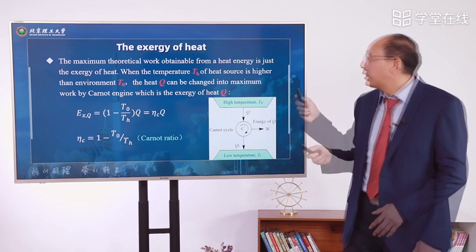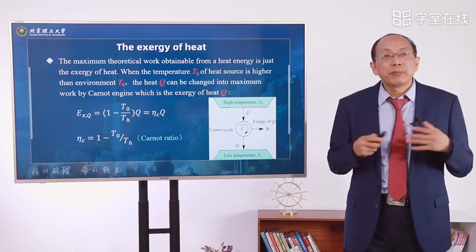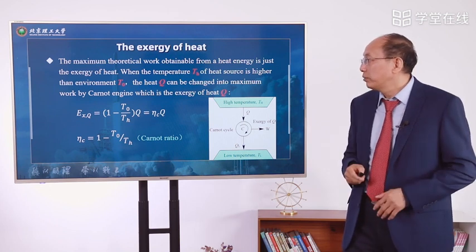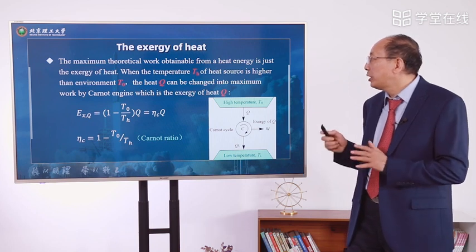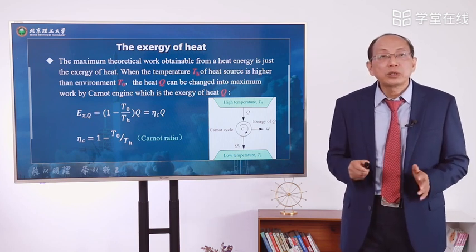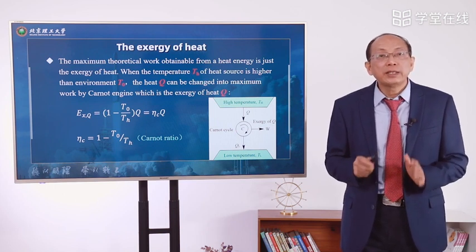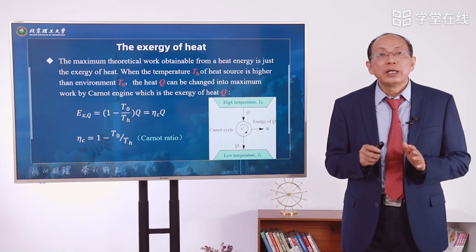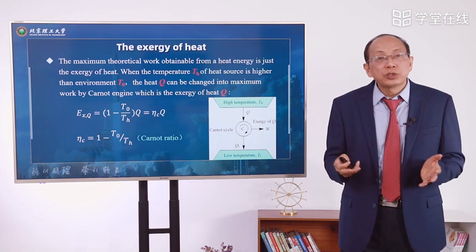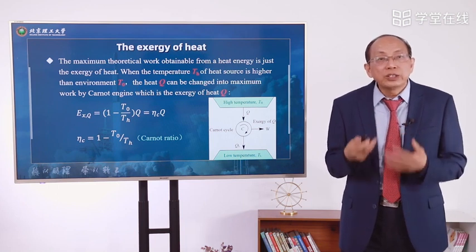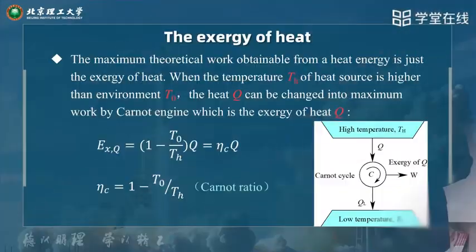When the temperature Th of the heat source is higher than the environment T0, the heat Q can be changed into maximum work by a Carnot engine, which is the exergy of heat Q. So we can use the Carnot ratio to calculate it.